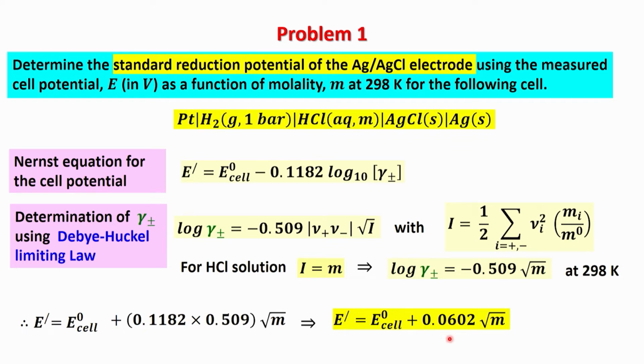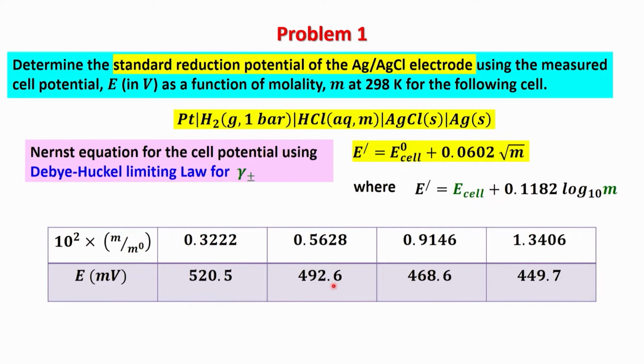So, this is going to be my working formula to find out E naught cell. But if you would remember, I have a set of values of m and the corresponding values of E for each value of the molality of the solution used.